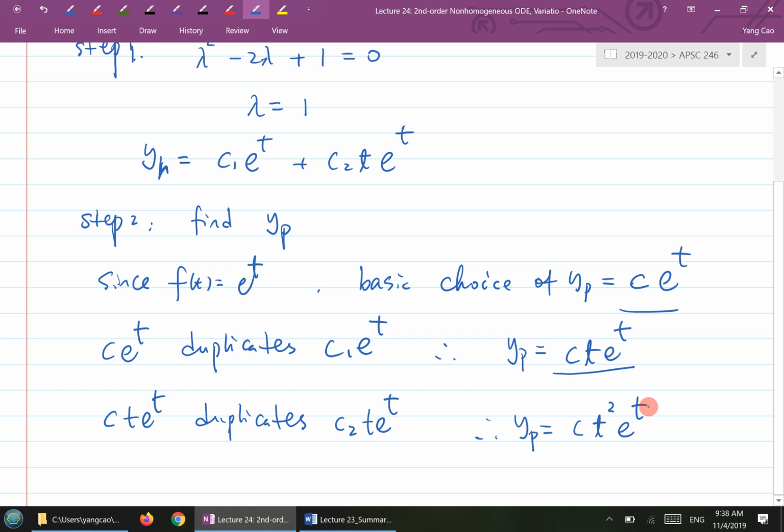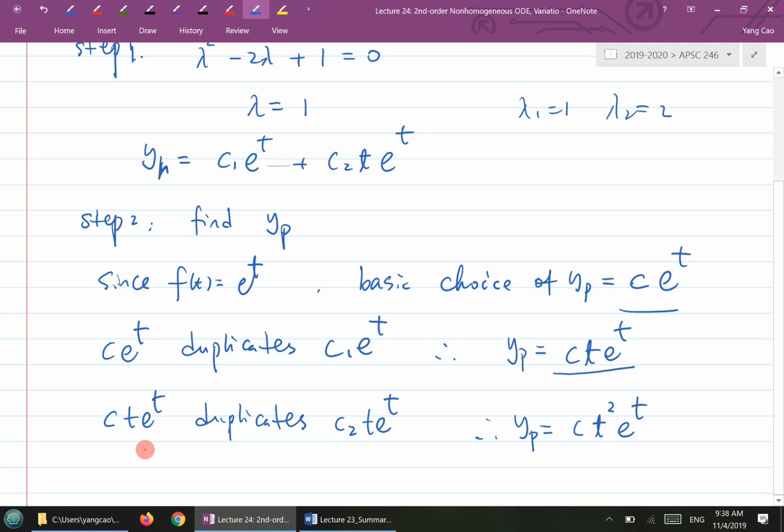Would it be possible that you have to multiply the particular solution by t more than once? Yes, absolutely. This is the case when you have two repeated roots, right? You may have a case, for example, lambda 1 equal to 1, lambda 2 equal to 2. In that case, when you multiply by t, it will not duplicate the other one, so you will basically stop there.